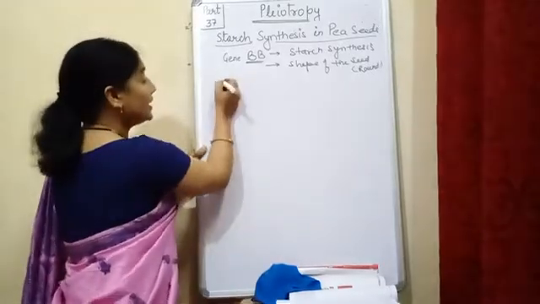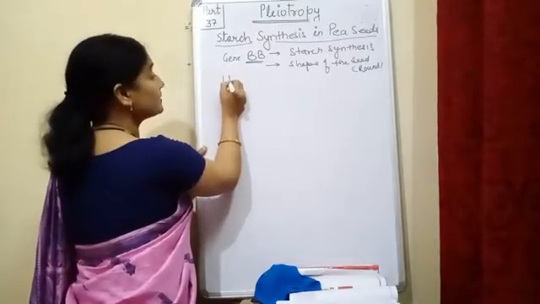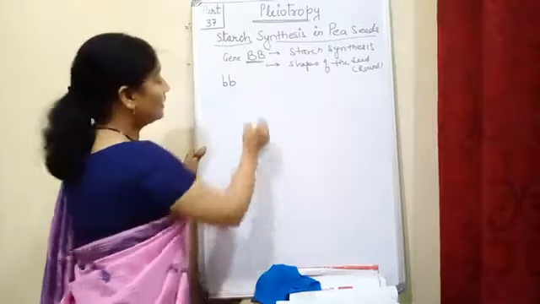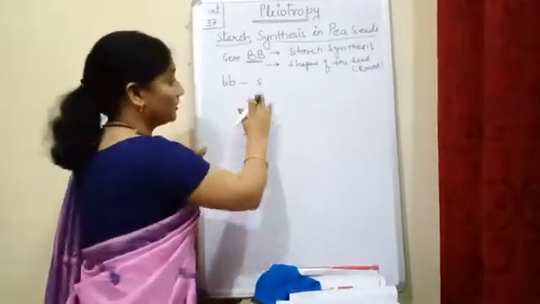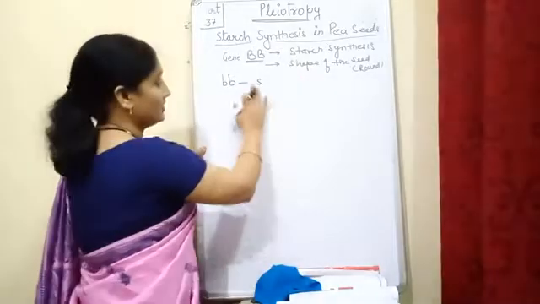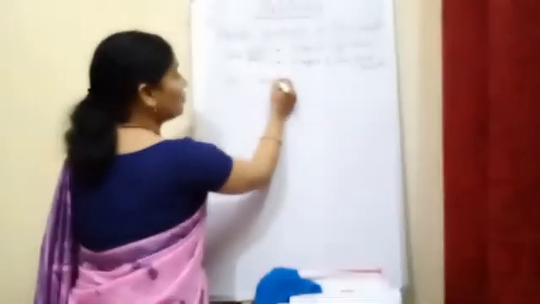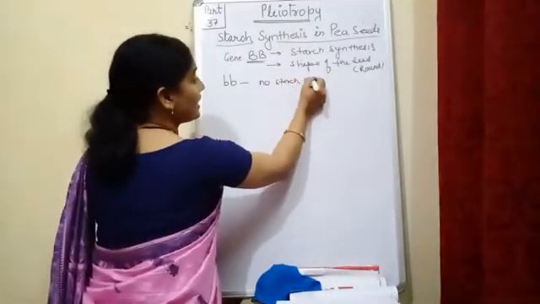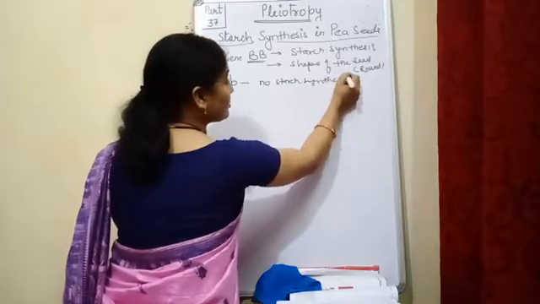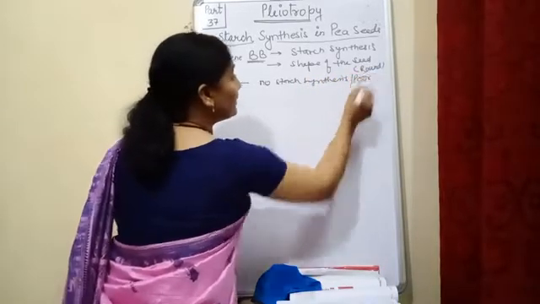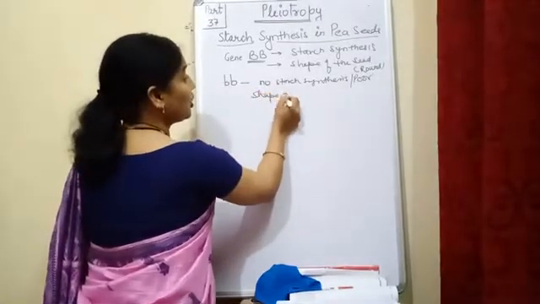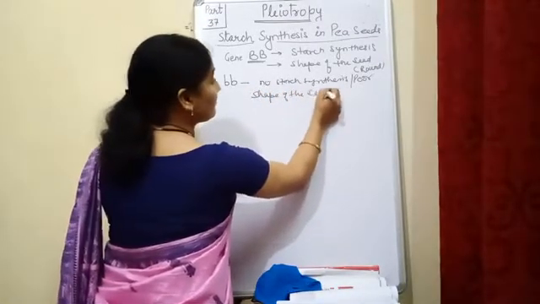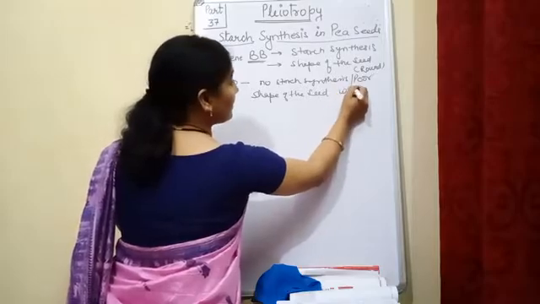In case, if this will be the homozygous recessive, then the starch synthesis will be poor or no starch synthesis. What we can write? No starch synthesis or poor starch synthesis, plus shape of the seed will be wrinkled.